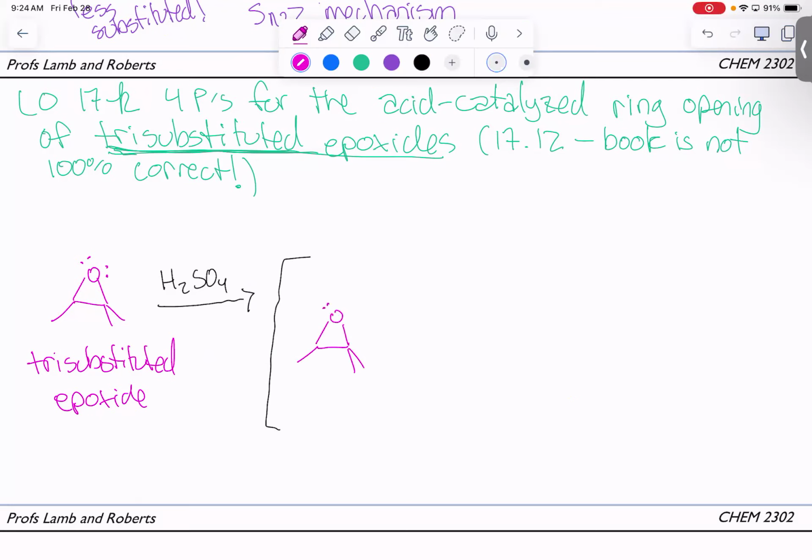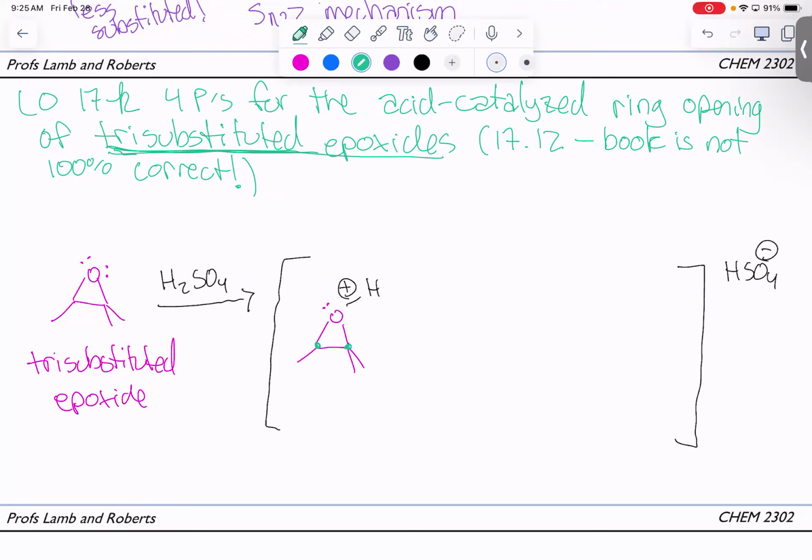We have 1 lone pair left, and then an H plus here. All right, I'm going to draw an overall HSO4 minus counterion because I don't want to draw it with every single structure that I'm about to look at here. Okay, so now we have 2 places that our epoxide could ring open, all right?